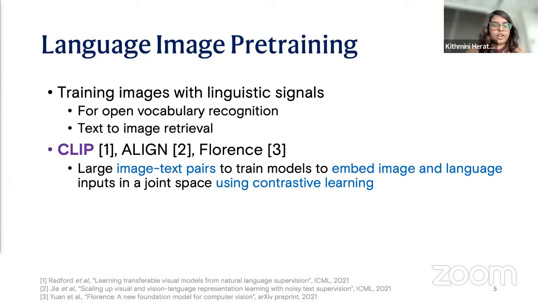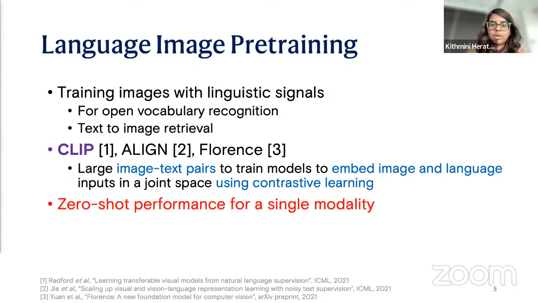For example, CLIP, ALIGN, and Florence are three models that take a huge amount of image-text pair data and train models to embed these inputs into a joint space using contrastive learning. With these models, given a text, you could retrieve different images, and even zero-shot, where you don't need to have all of the classes within your text.